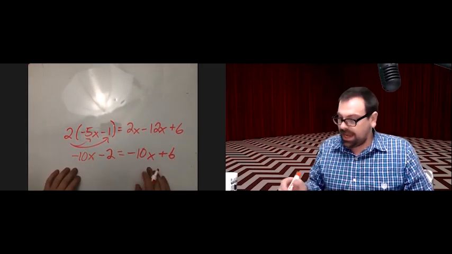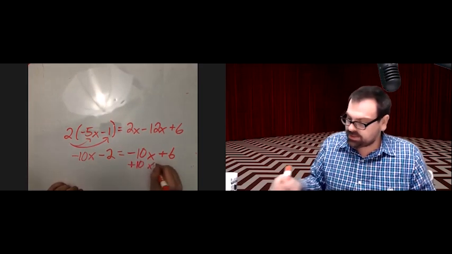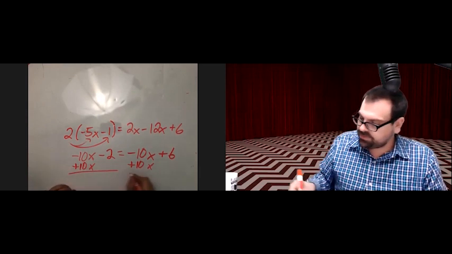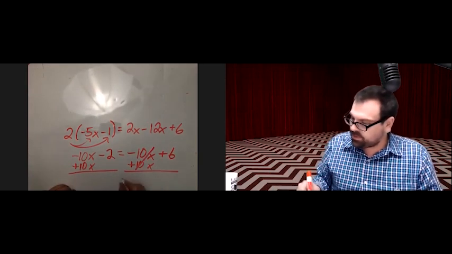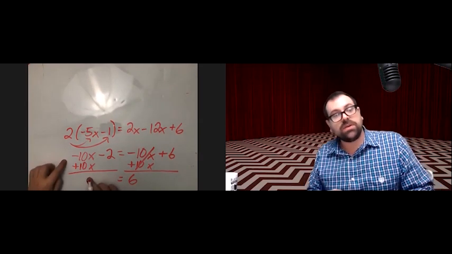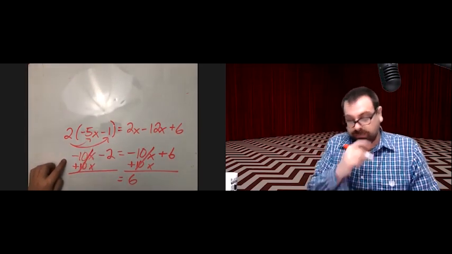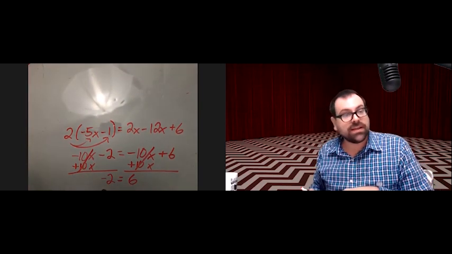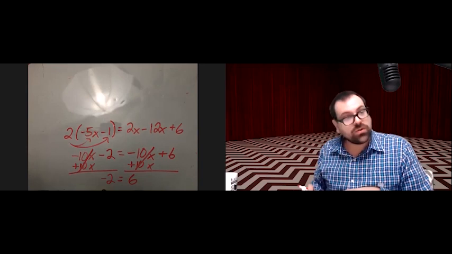I'm going to go ahead and add 10x to both sides to move my x's from the right to the left. Gets rid of them on the right, leaving me with just a +6. But it also gets rid of them on the left. All variables are gone. And I get -2 equals 6. This is not true.